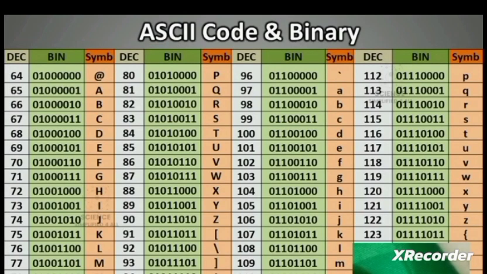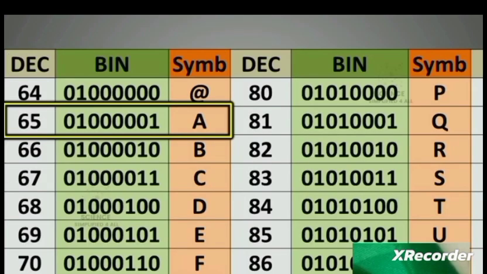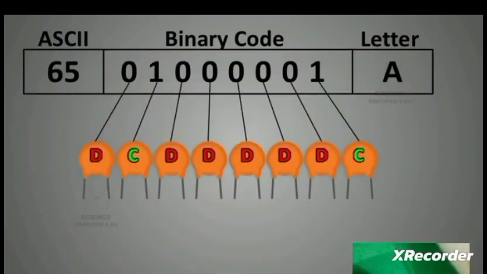Each ASCII code also has a corresponding binary code. For the letter A, the ASCII code is 65, and this is its binary form. When you type A on the keyboard, what actually happens inside the computer's memory is that 8 capacitors switch to a particular on-off pattern that represents this binary number.